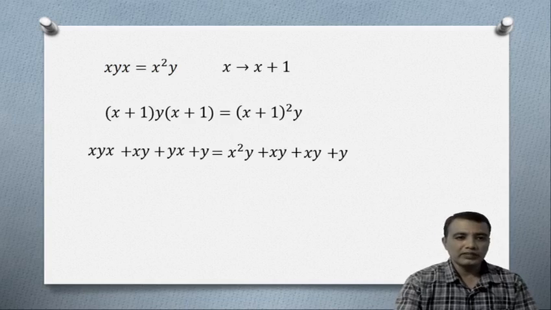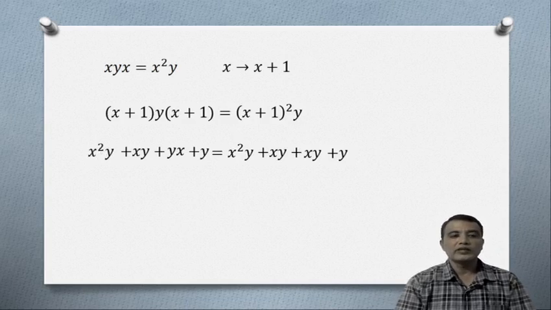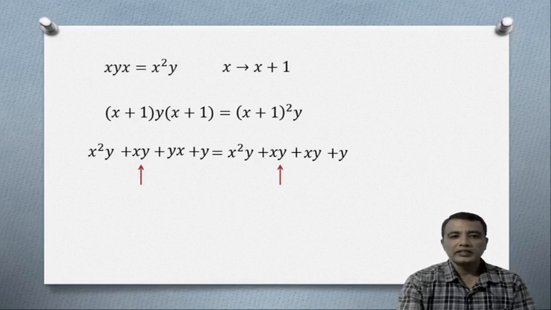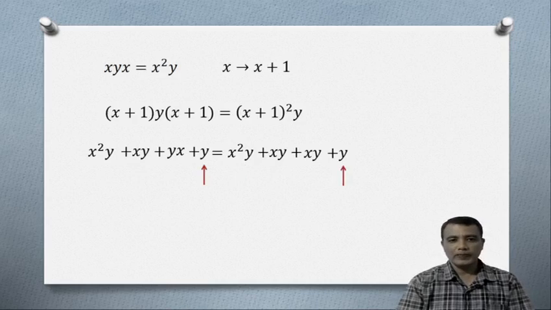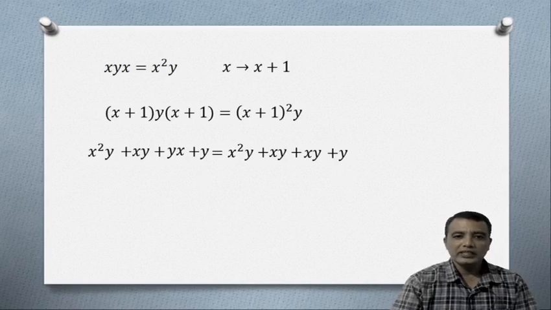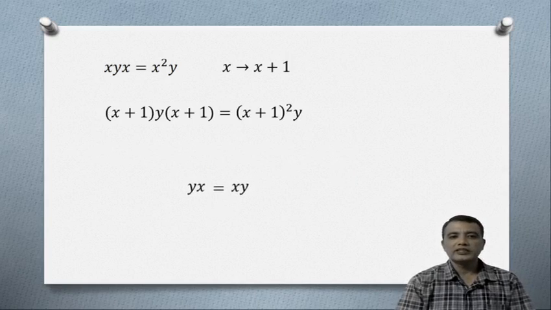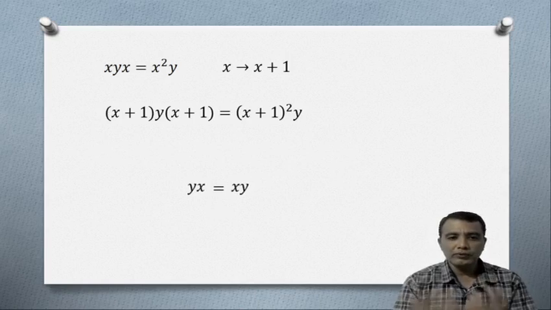So therefore this xyx can be replaced by x square y. So now this x square y and this x square y can be cancelled, and then this xy and xy can be cancelled, and y and y can be cancelled. So remaining thing is yx is equal to xy. We proved.